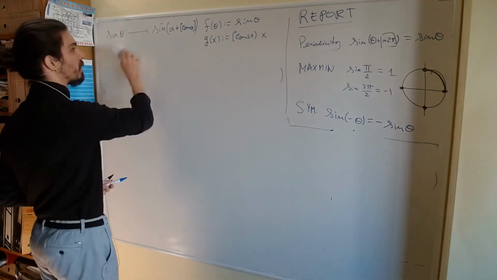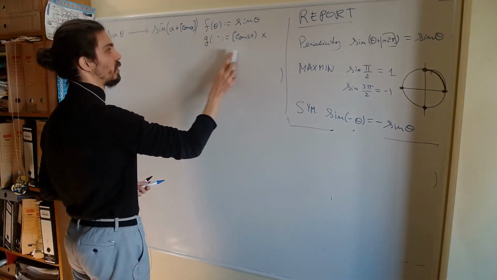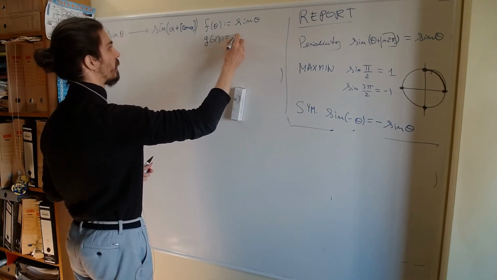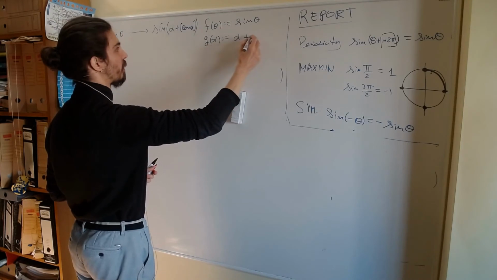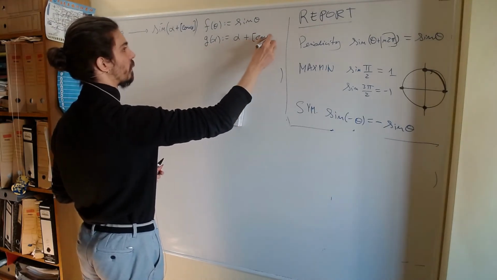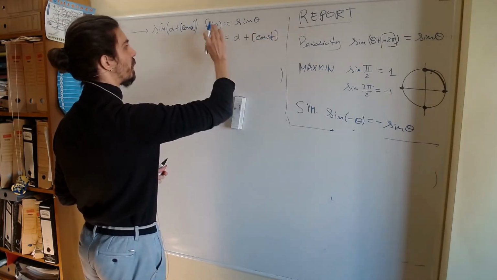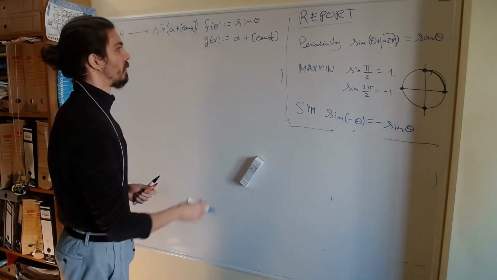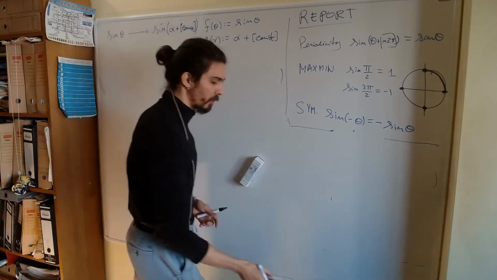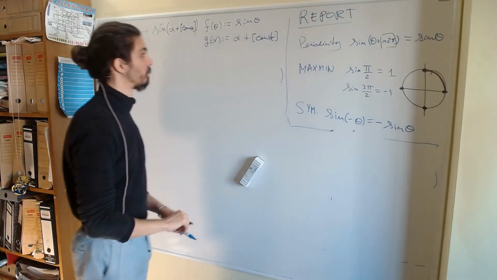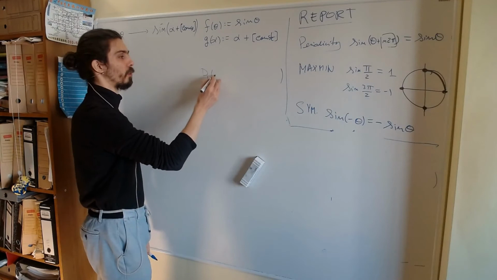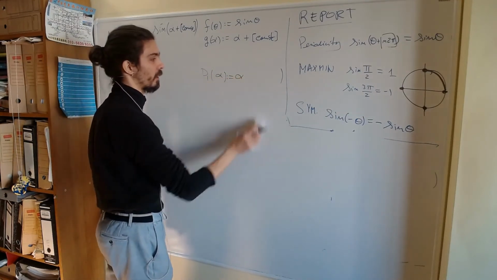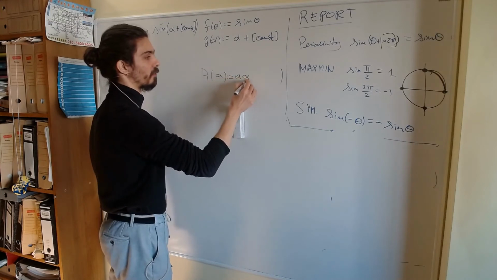What are the functions involved in here? Well, g is different now: g of alpha is alpha plus a constant, and f remains the same. This is a polynomial of degree 1. Recall that a polynomial of degree 1 in alpha must be a times alpha plus b.